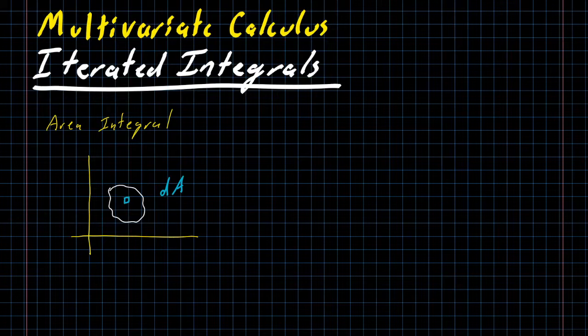But if I take my little tiny bit of area here, and if I'm going to be dealing with rectangular coordinates, where I have an x-axis and a y-axis, I'm going to assume that that tiny little bit of area is in the shape of a rectangle.